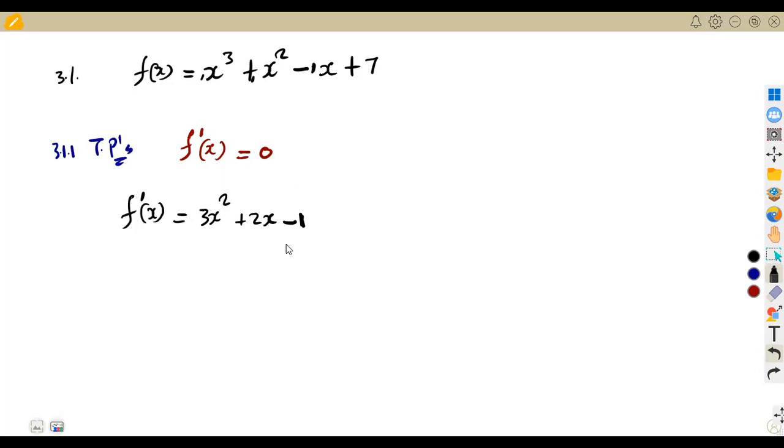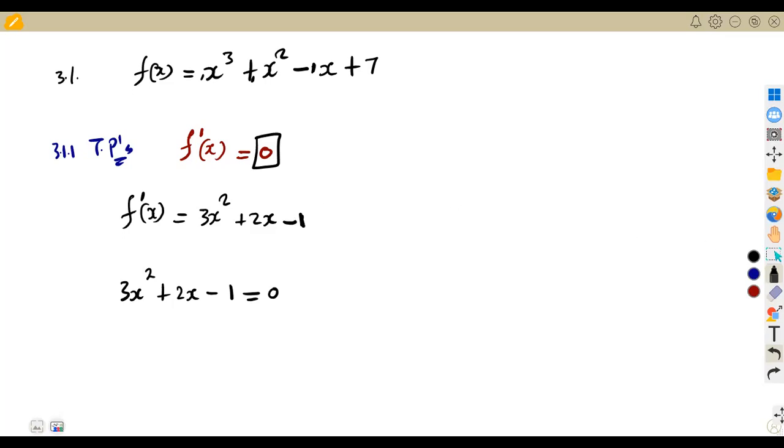So this first derivative, which is f prime of x, must be equal to 0. So we're going to take the first derivative, which is 3x squared plus 2x minus 1, then equate it to 0, so that we obtain the values of x at the turning points. That is how we're supposed to do this.